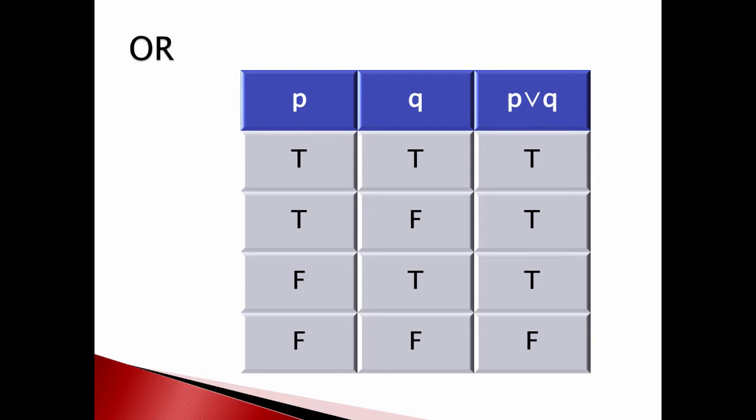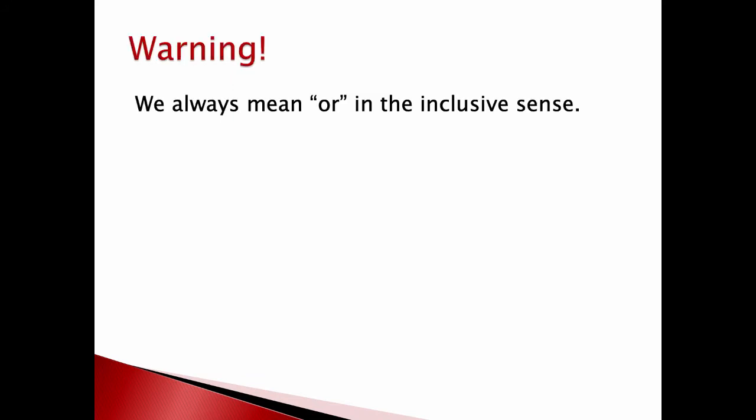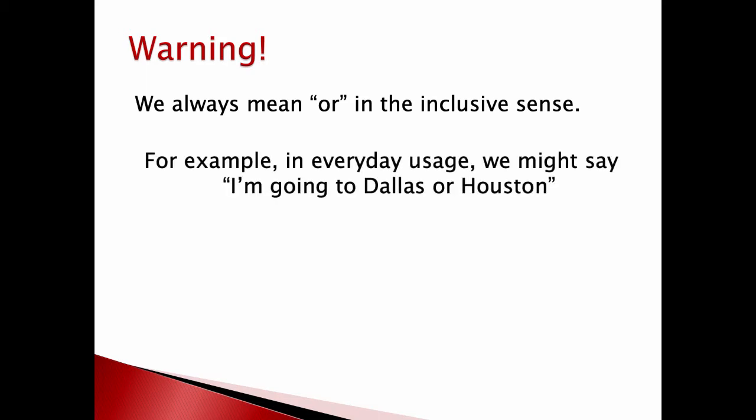Now, if you look at this for a second, you may realize that this is a little different from the way we often talk about things in normal everyday English conversation. So, big red warning light: we will always mean or in the inclusive sense. What in the world does that mean? That's logic terminology. We need an example. Suppose I were just to say that I'm going to Dallas or Houston.